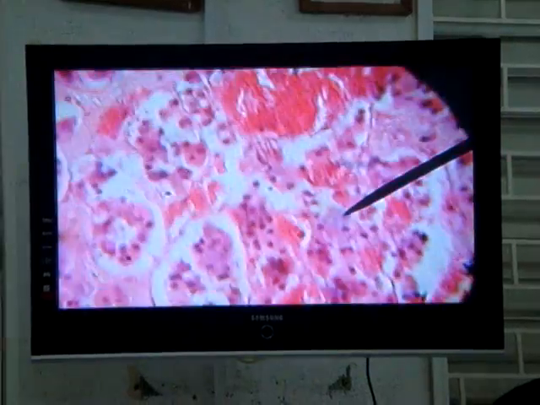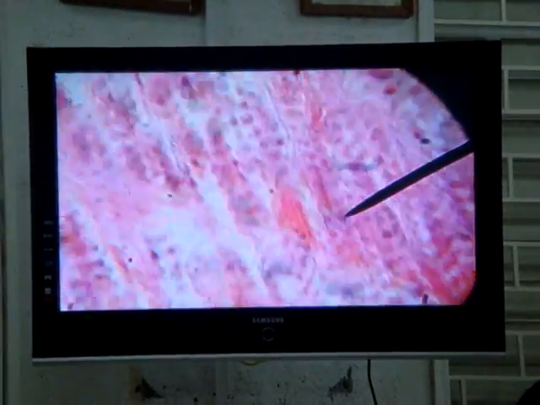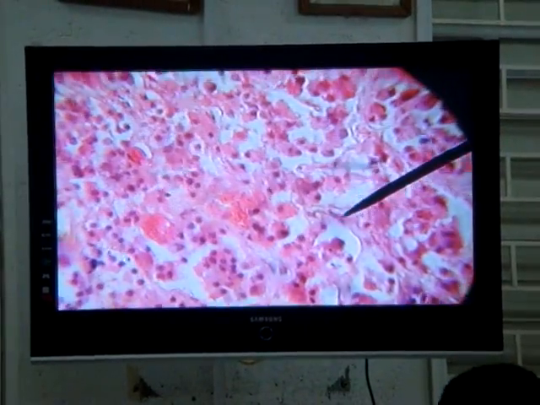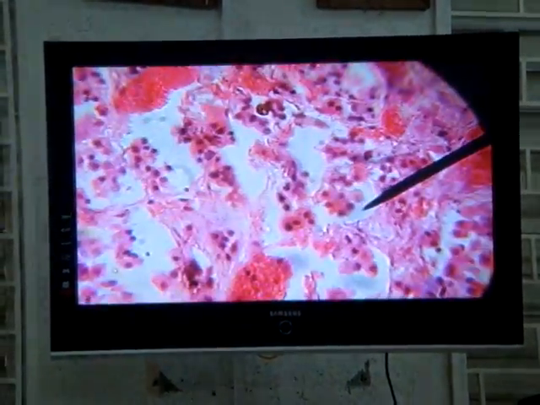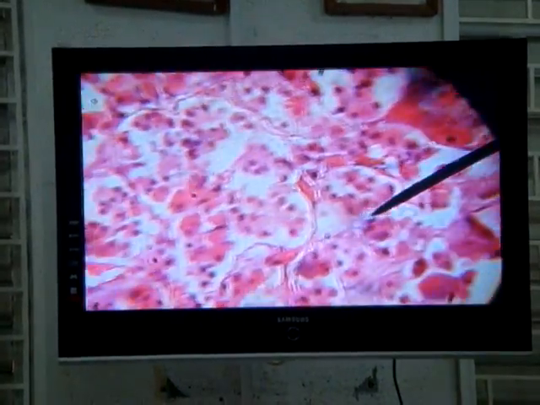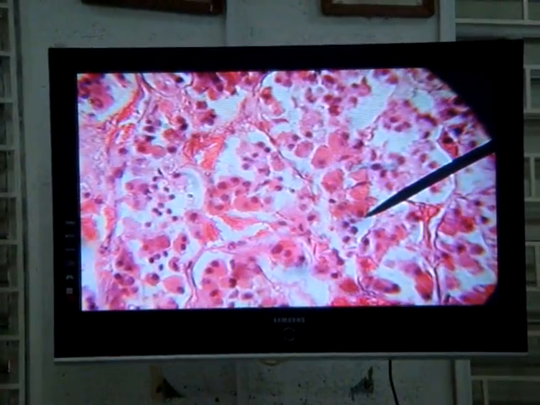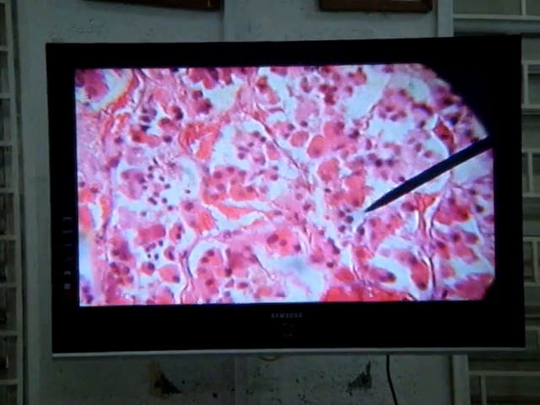So there are three kinds of cells in the anterior pituitary. First of all, we divide them grossly into two groups: chromophils and chromophobes. You will appreciate from those two words that the chromophils are the ones that are taking up the stain. These are the ones that are staining brilliantly, like this one here.